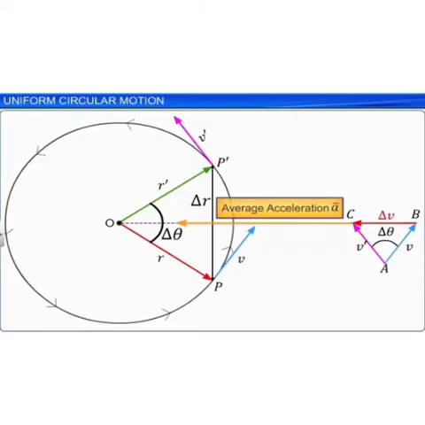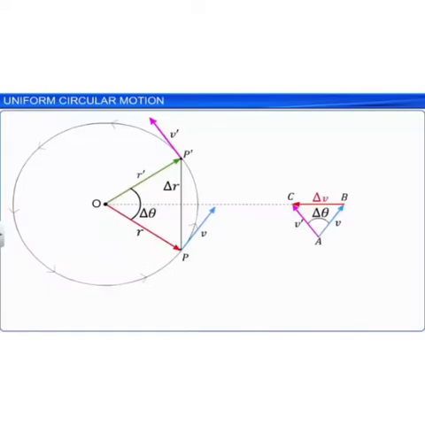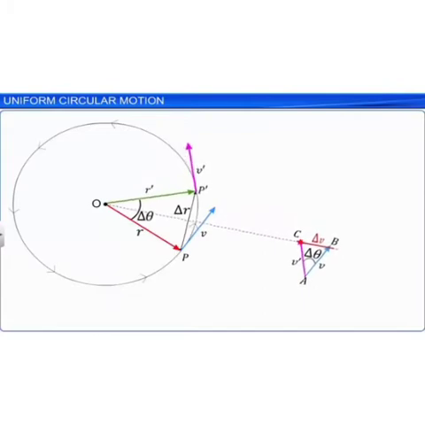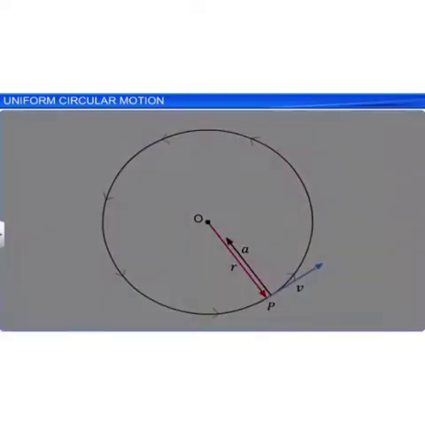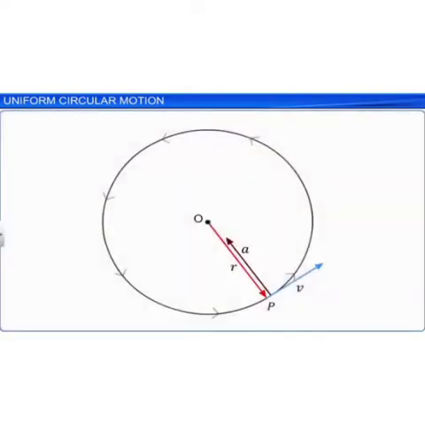As delta t tends to 0, the angle delta theta also tends to 0, and hence the average acceleration becomes instantaneous acceleration. Therefore, we can conclude that the acceleration of a body in uniform circular motion is always directed towards the center of the circle. Now let us find the magnitude of the acceleration.